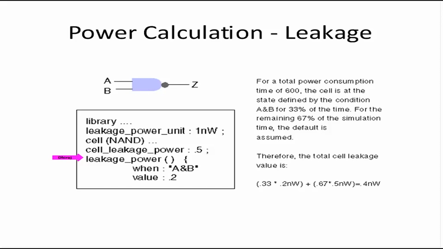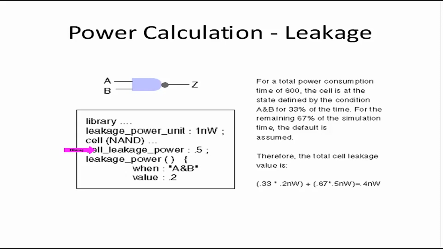The rest of the 67% of the time is for other states. So what is the weighted average? It is 0.33 into 0.2, because 0.2 is the leakage power when the state is A and B, and we are telling the tool that 33% of the time this gate is in this state. So 0.33 into 0.2, and the remaining time is 0.67 into the default value, that is the cell leakage power. This way, the tool calculates the leakage power for a particular gate.